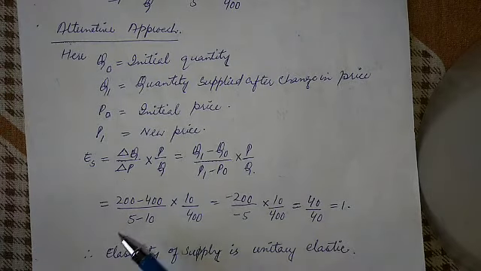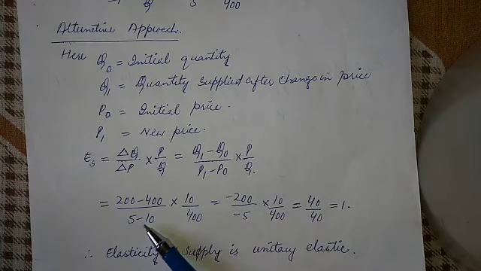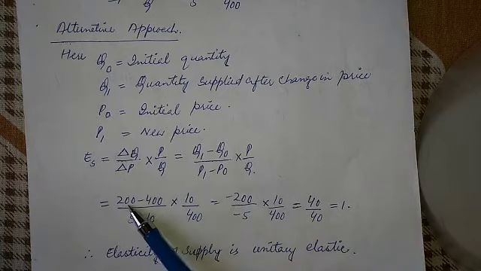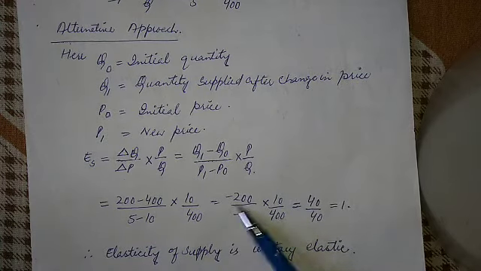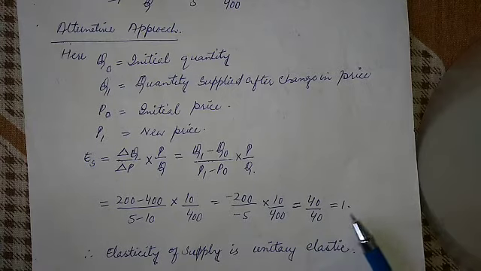Now when we write it in this formula, we will get 200 minus 400 by 5 minus 10 into 10 by 400. That will be equal to minus 200 by minus 5 into 10 by 400. When you solve this, you will get 40 by 40, that will also be equal to 1.